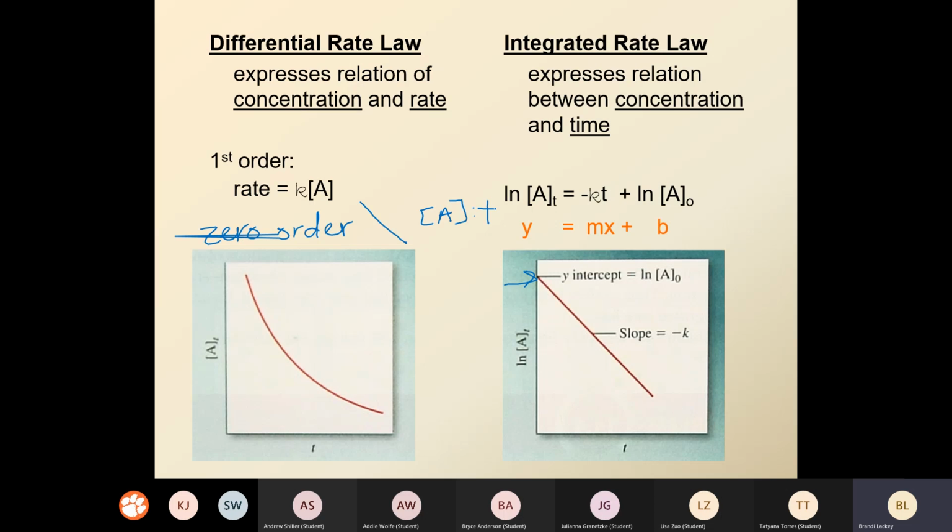Since this is not a straight line on the graph on the left that's concentration versus time, we know it's not zero order. So that's where we graph it using the ln to see if it's a straight line, see if it's first order. If it's still not a straight line, then we're going to use the second order integrated rate law, graph it that way to see if it's a straight line. And I'm going to show you these graphs so you can compare them and look at them too.